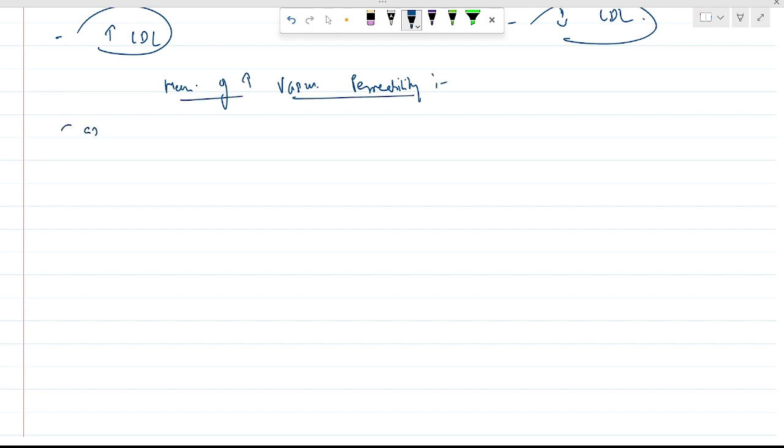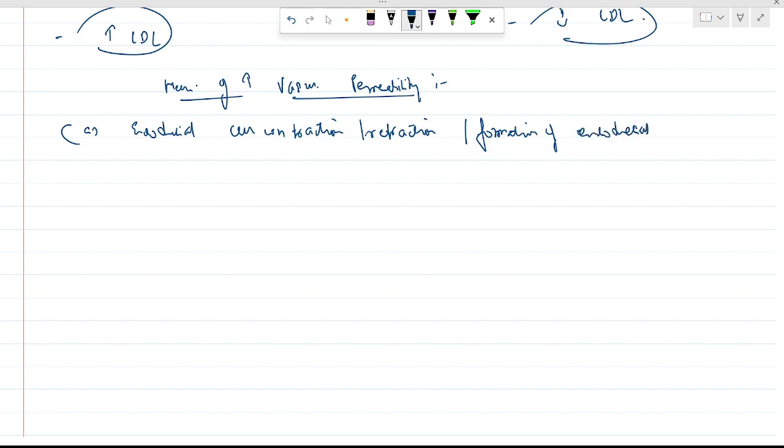First is endothelial cell contraction, or retraction, or formation of endothelial gaps.